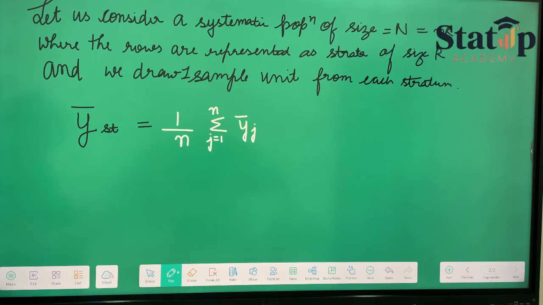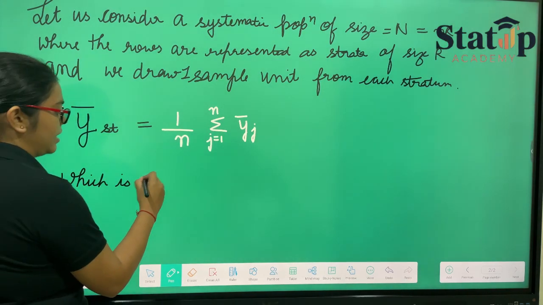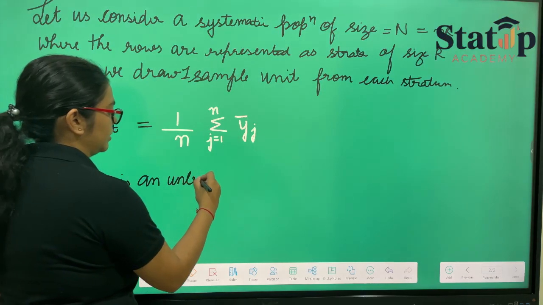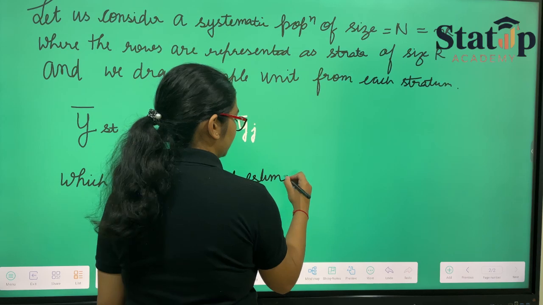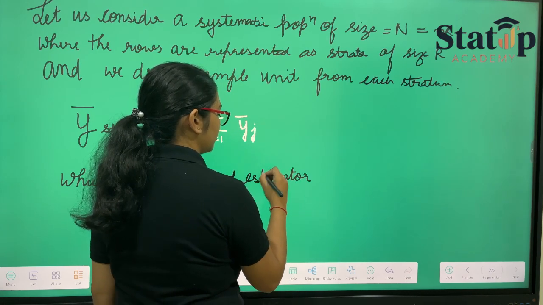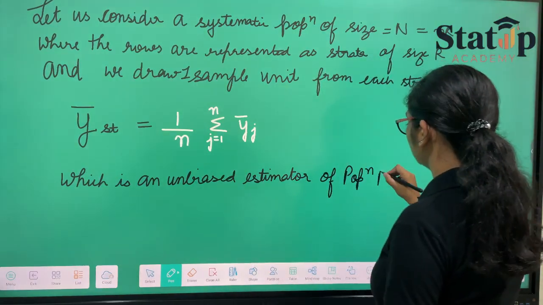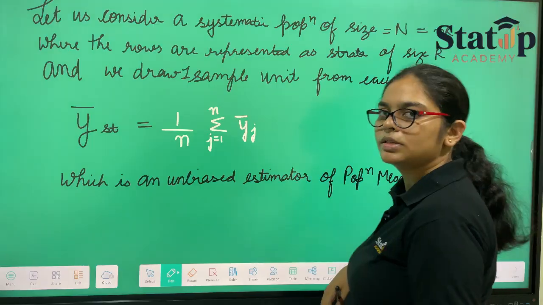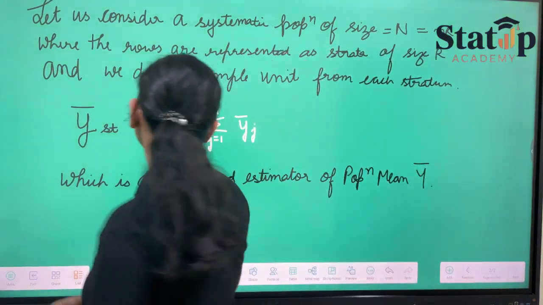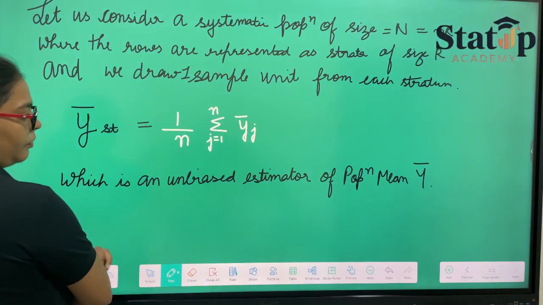Now this is an unbiased estimator of the population mean, capital Y bar. We had proved in systematic random sampling that y bar st is an unbiased estimator of the population mean.